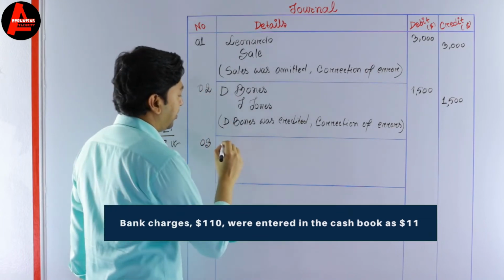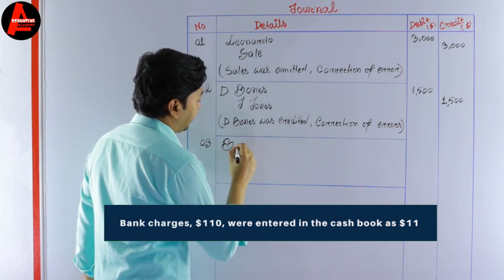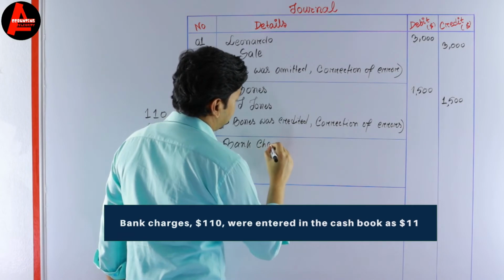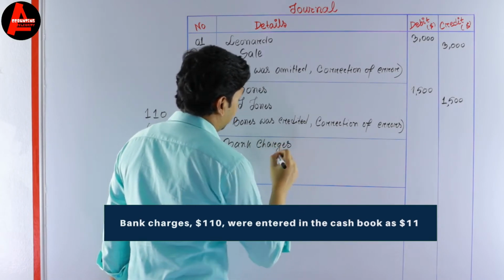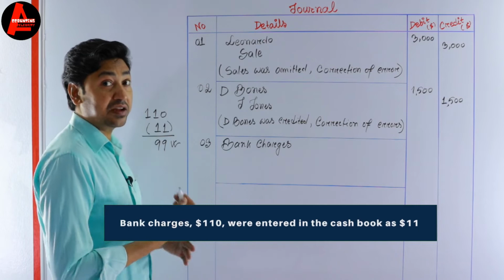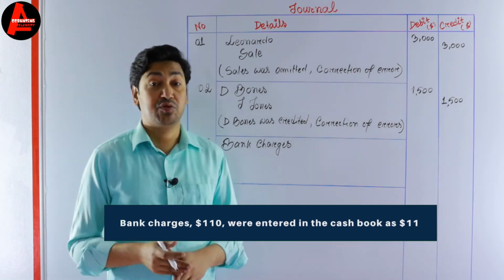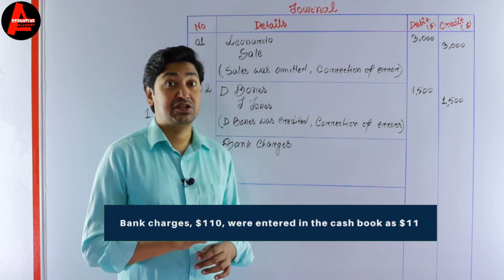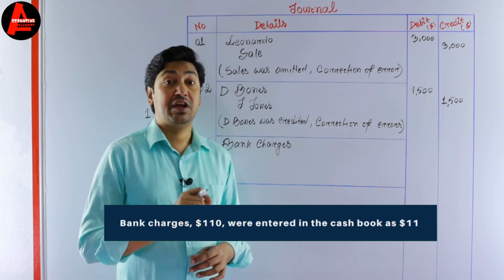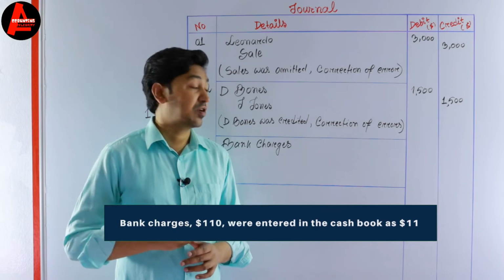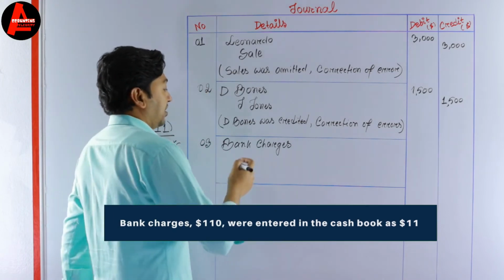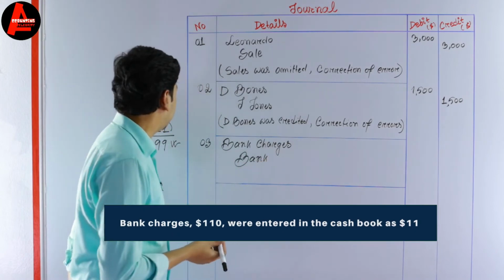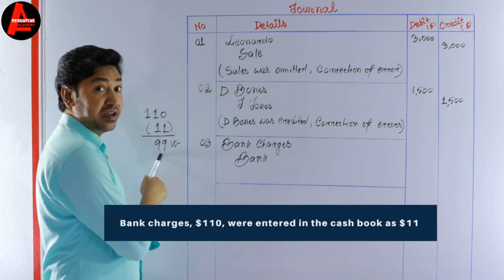Here we have to write bank charge because it is an expense, expense will always be debited. So bank charge will be debited and cash book has 2 columns, one is the cash column, one is the bank column. So as it is a bank charge, it will be recorded in the bank column of the cash book. So let us write here bank. Now how much will you enter? We'll enter this $99.